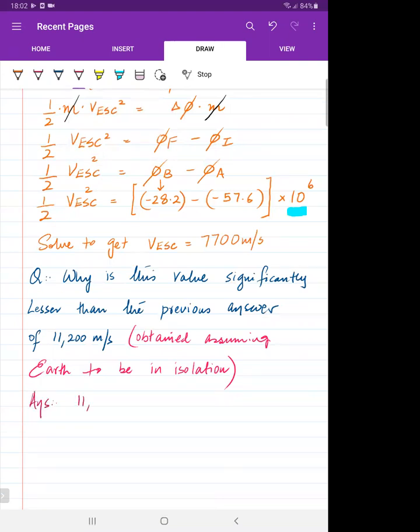So 11,200 was required to send the object all the way to infinity.